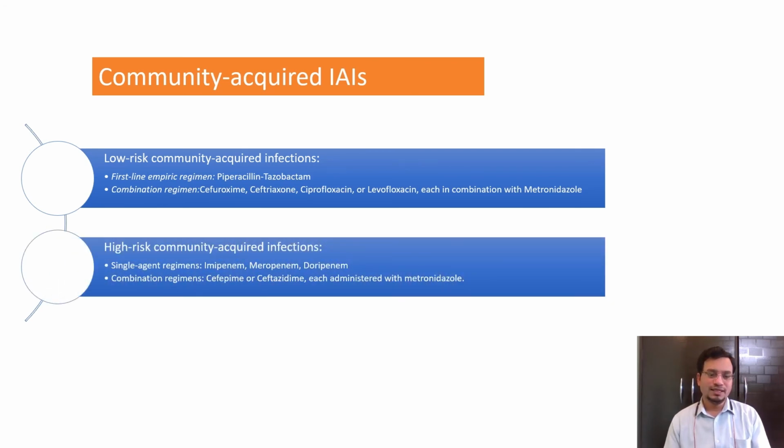In case of high risk community acquired infections, the single agent regimen may be imipenem, meropenem, or doripenem, because these are high risk infections where the mortality risk is quite high. You should be using a stronger and very wide spectrum agent covering ESBLs, like all carbapenems, in which meropenem is usually preferred over imipenem and doripenem.